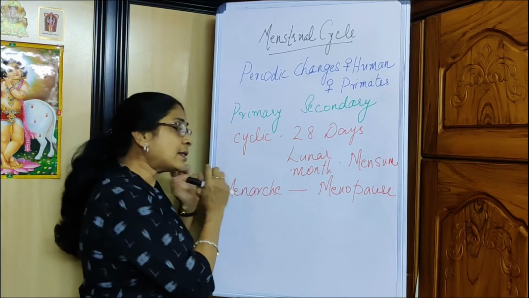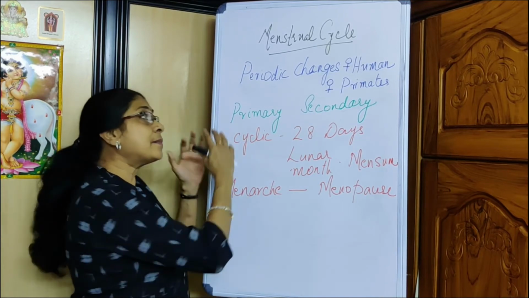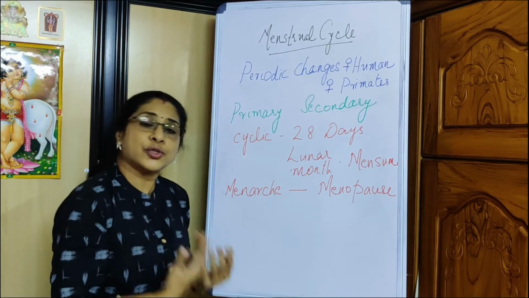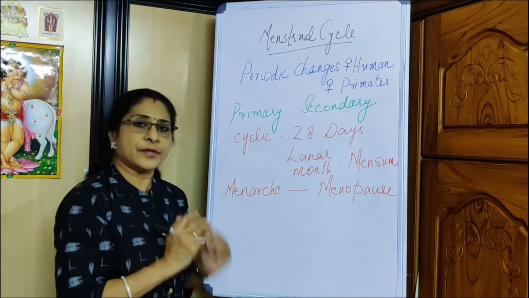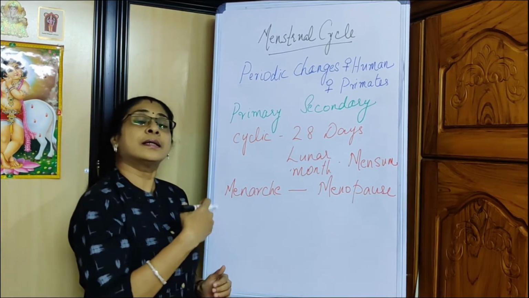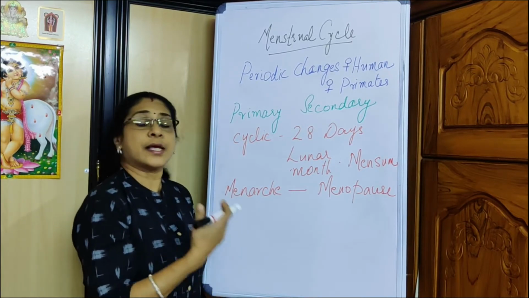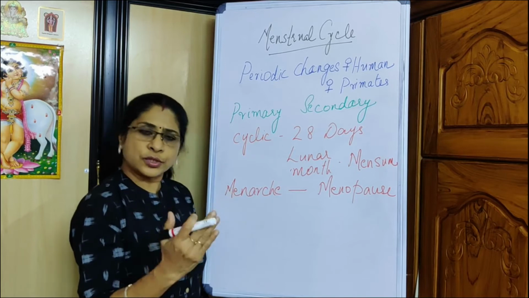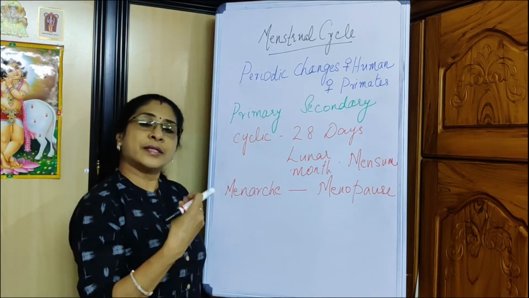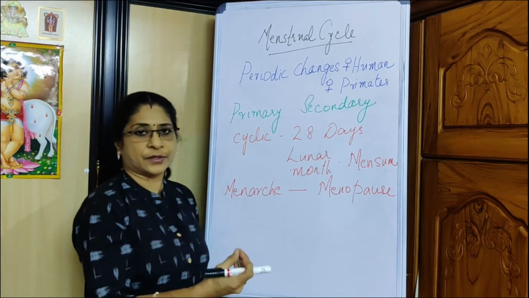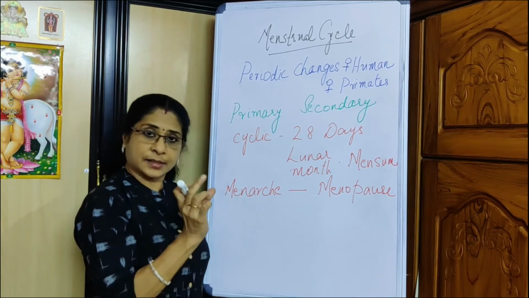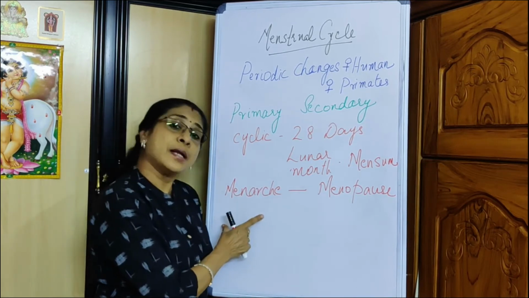Now, let us see, when does the menstrual cycle actually begin in human females? When a girl approaches puberty, when she reaches the age of around 12, 13 or 14, the first menstrual cycle is observed, and that period is called the menarche.